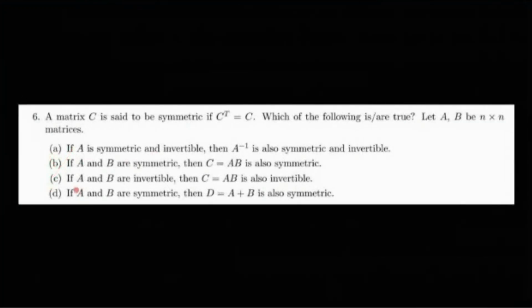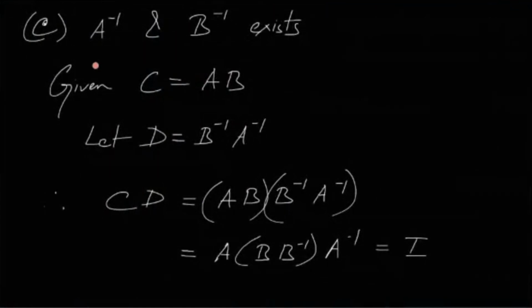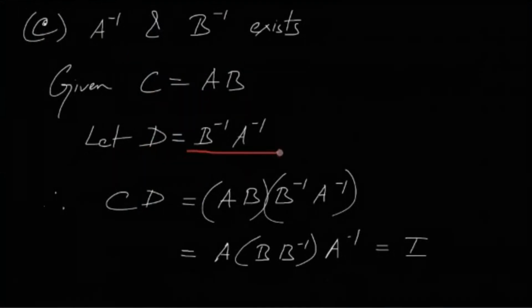What about option C? It says if A and B are invertible, then C equals AB is also invertible. A and B are invertible, that means A inverse and B inverse both exist. Given C equals AB, let D equal B inverse into A inverse. It is defined because A inverse and B inverse both exist.